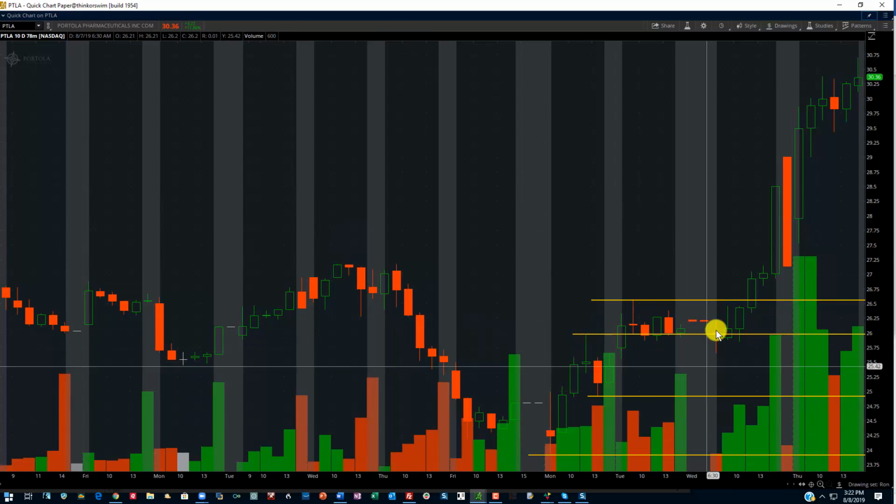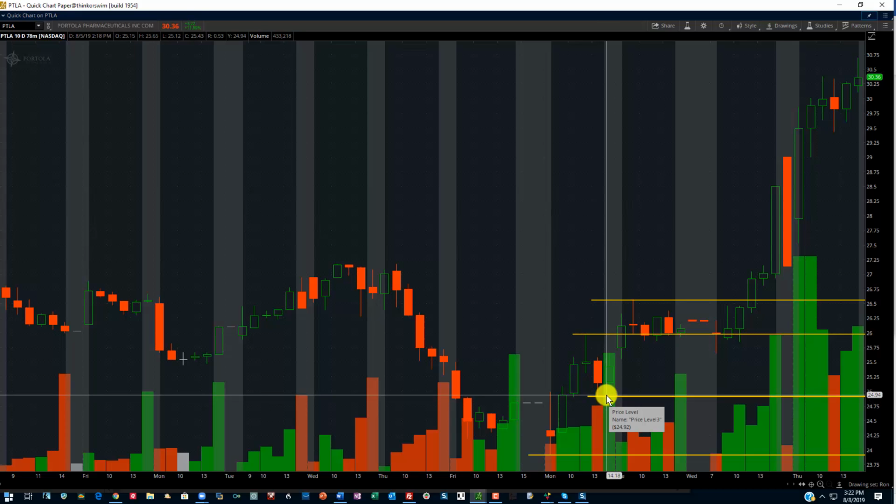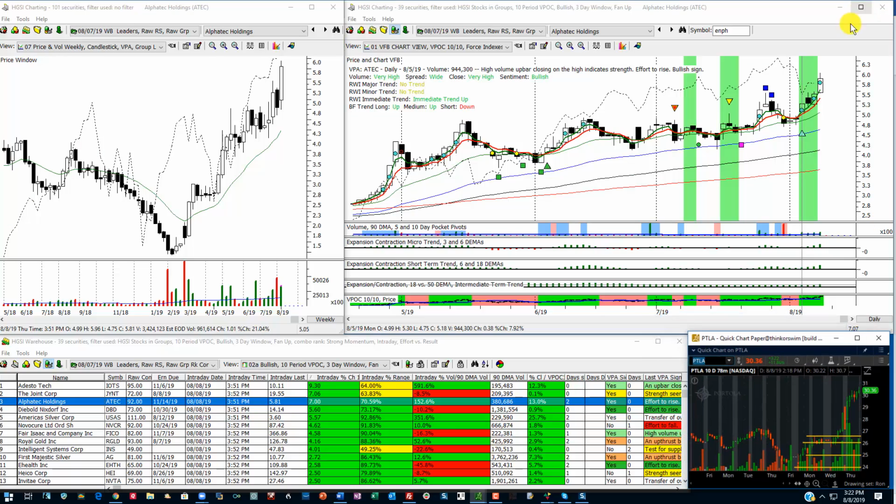Okay, so I actually put these lines in here. This was an established low right here. It came up. It formed a lower high right here. And if it took out this area here, oh, this is the wrong chart. I'm sorry. I need to watch what I'm doing here, don't I? ATEC.